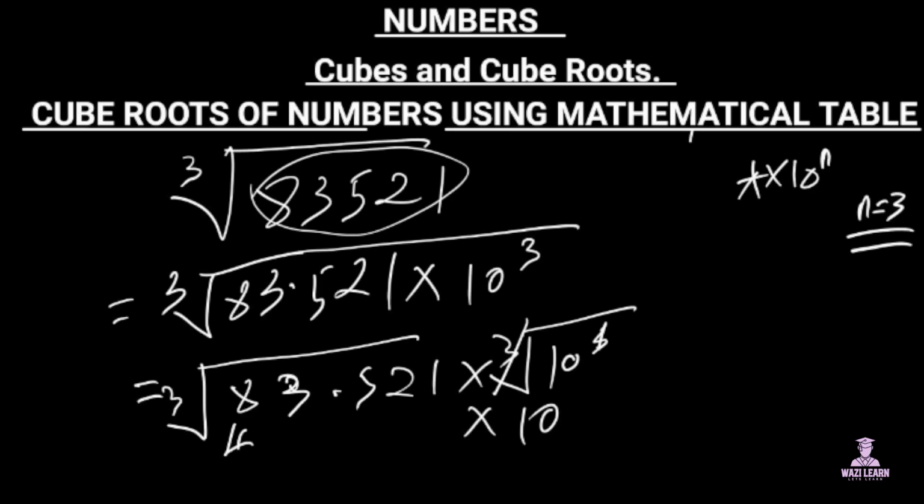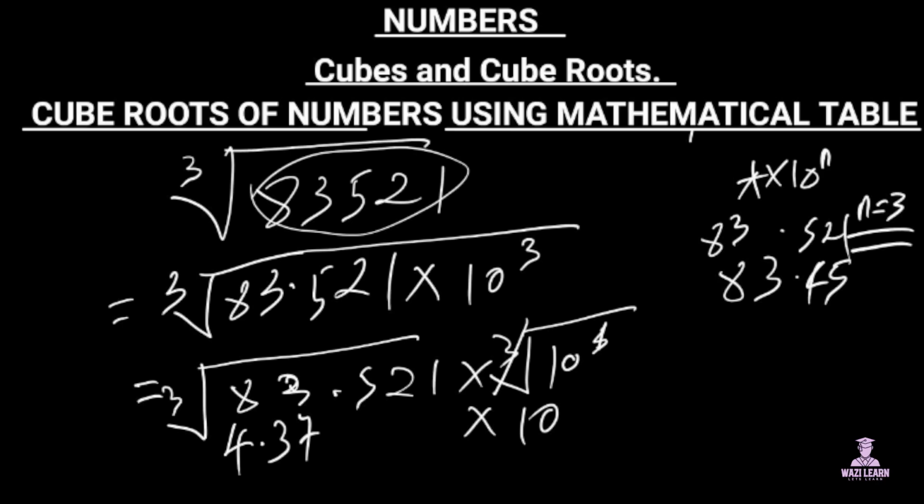So it will be 4.36. At 4.36, we have 83.45. We subtract this from 83.521. So it will be 1.